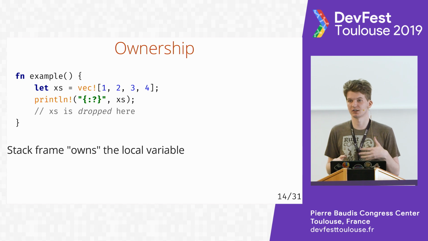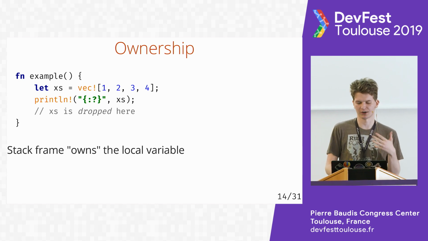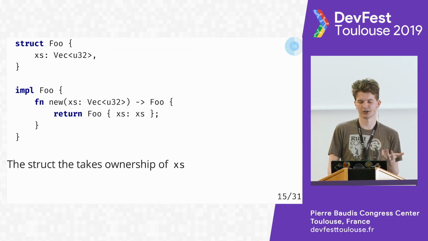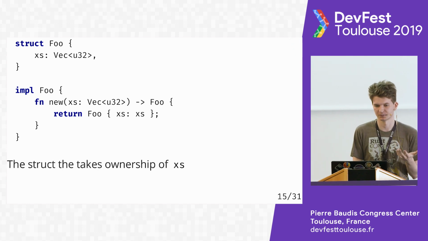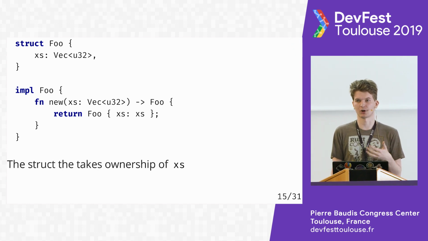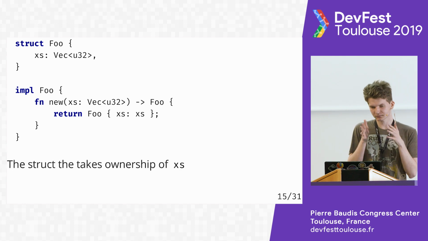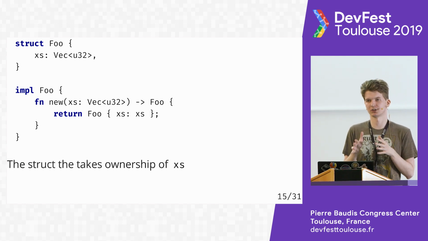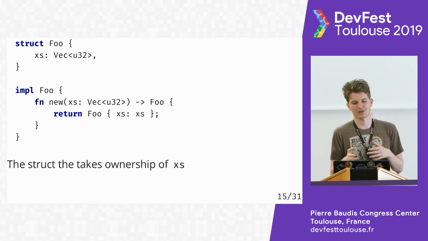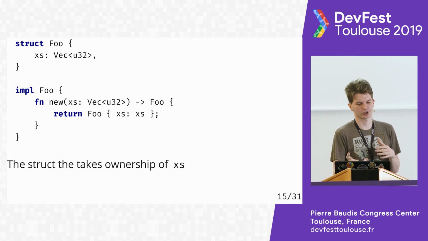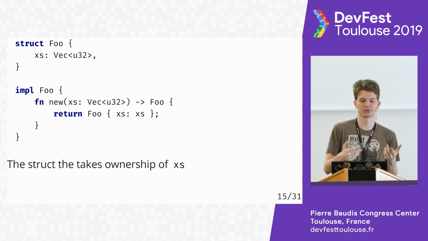Local variables are only one kind of an owner. Another kind of an owner in Rust is structures. So here is an example of a trivial struct Foo, which contains only a single field, xs, which is a familiar Rust vector. And there is a function which constructs this Foo out of the vector.